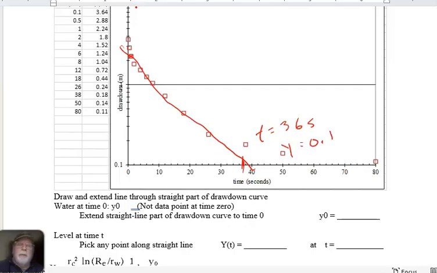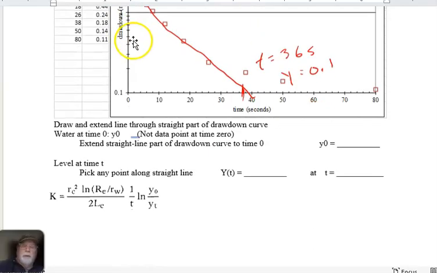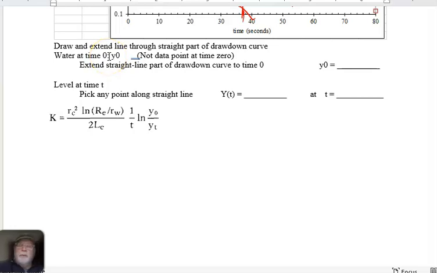We extended this up here and we hit an intercept of 2.2 meters at T equals 0. So our Y0 was 2.2, and then we had a 0.1 at a T of 36 seconds. So now we'll plug it into our equation.